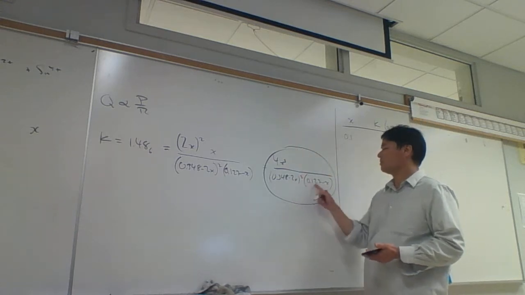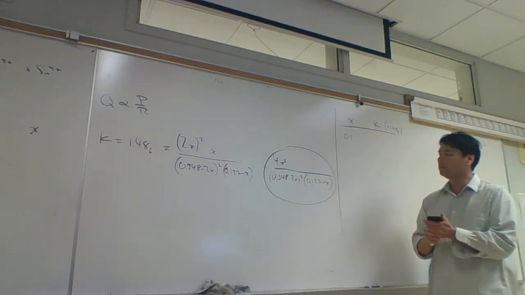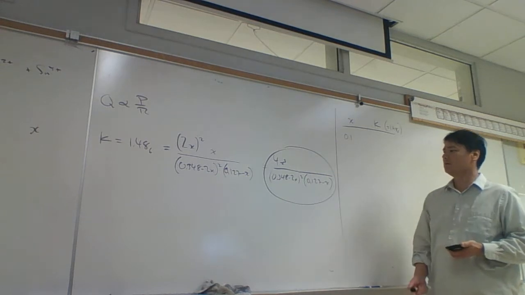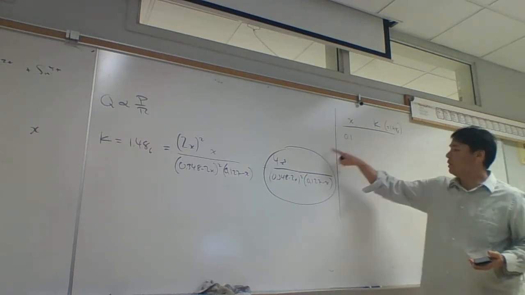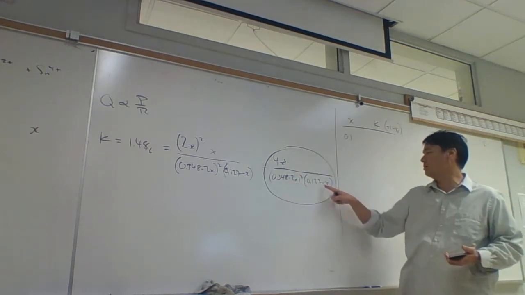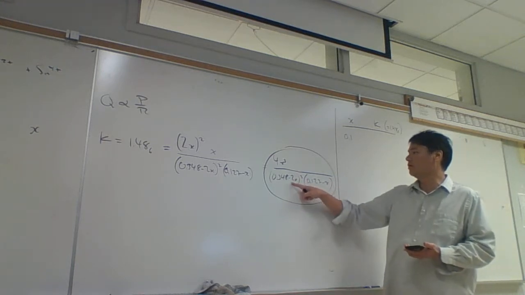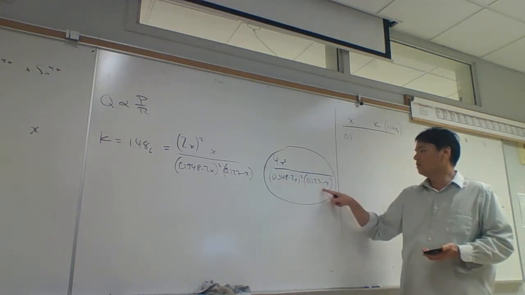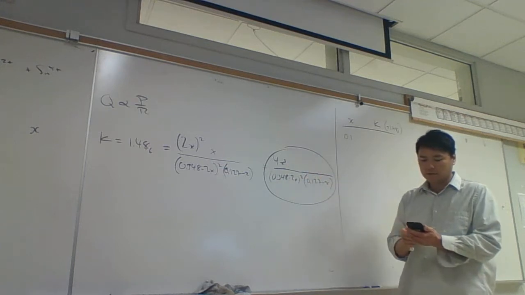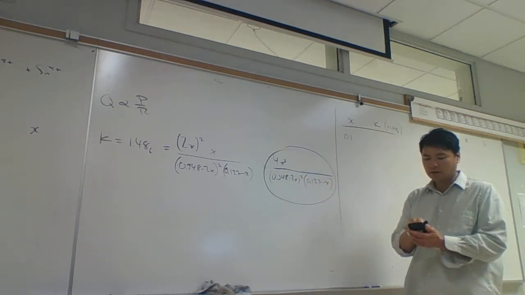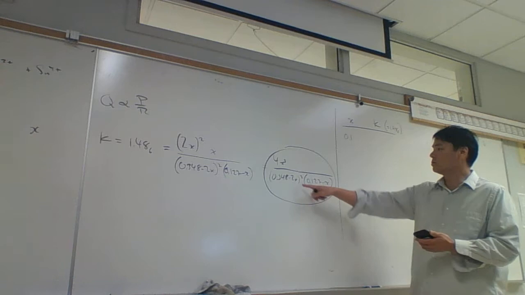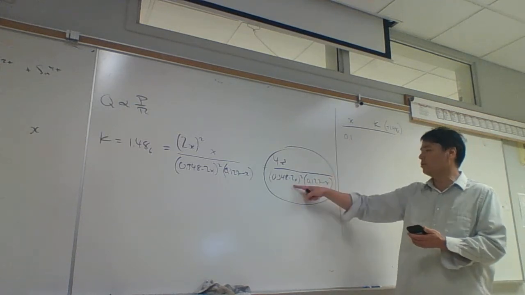I'm not going to further simplify this. It's not worth the time. The numerator is pretty easy. And so I'm going to plug in 0.1 for this, and for this. So I'll start off here. And I'll do the denominator first and then multiply it by the numerator. So I'm going to punch this into the calculator here, which would be 2 times 0.1 is 0.2.